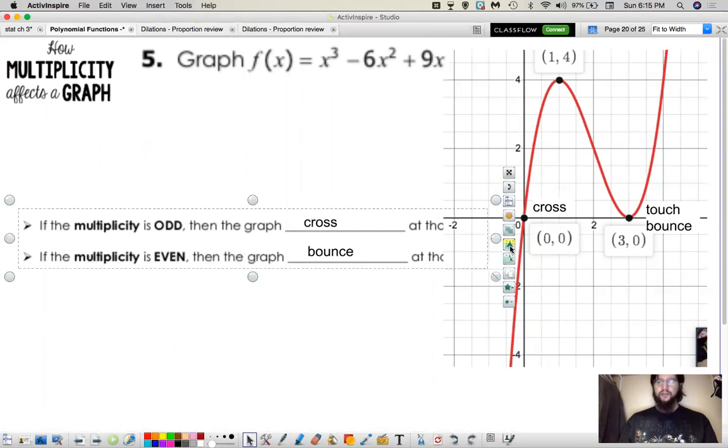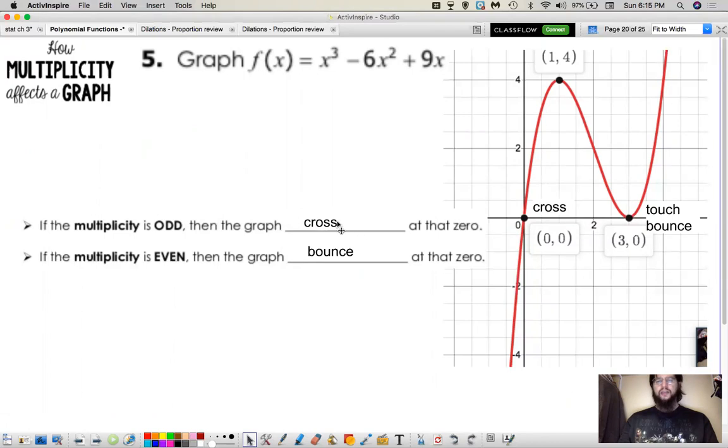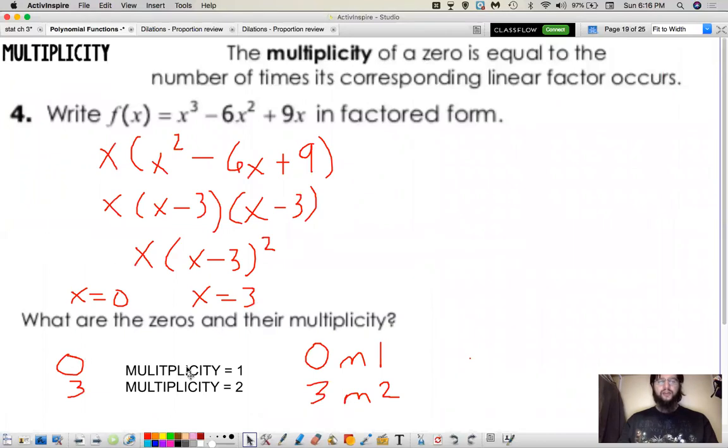So for each zero, if you look at it, you can see, okay, it's 0 with multiplicity 1, so I know I'm going to go right through my axis there. 3 with multiplicity of 2, I'm going to hit 3, and I'm going to come back up. So we can actually sketch what this is going to look like just based on end behavior and these zeros with their multiplicities.